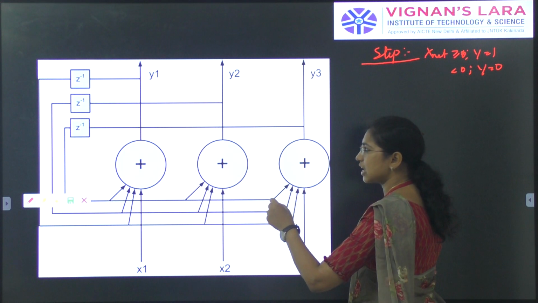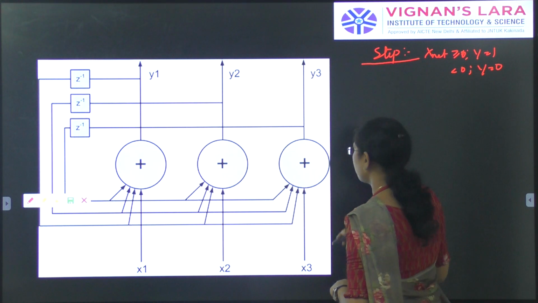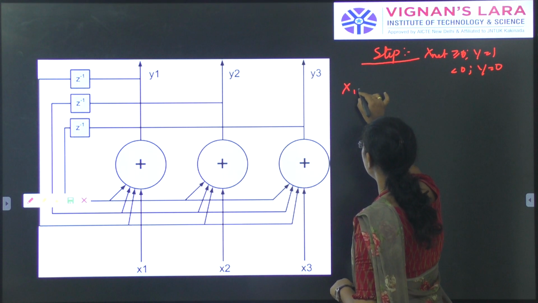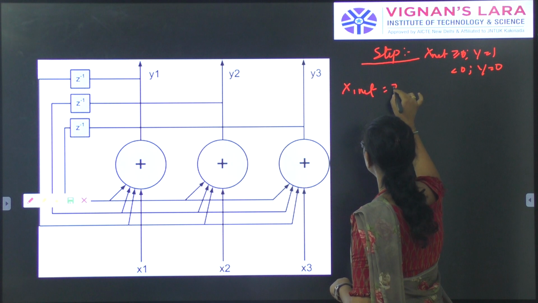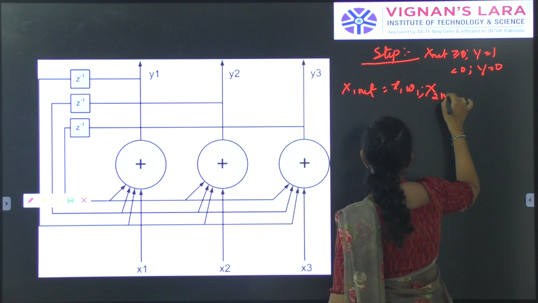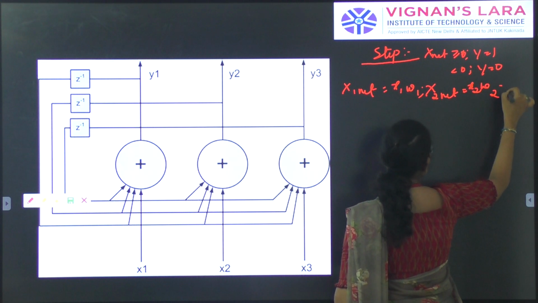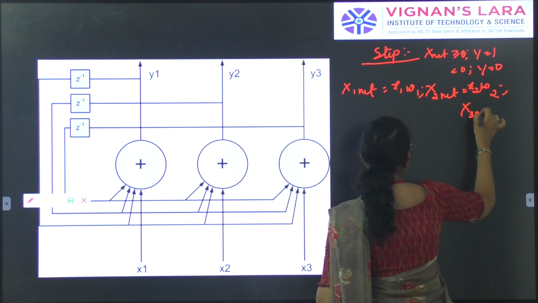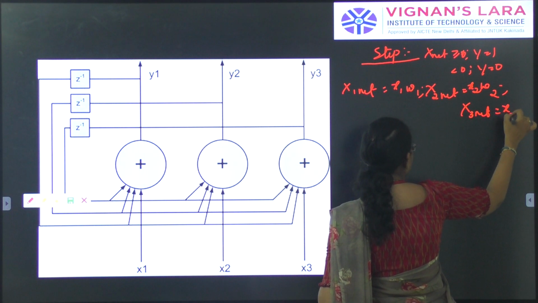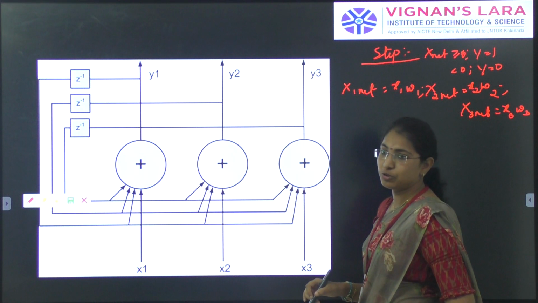So again, let us consider y1, y2 and y3 are 0 at the initial condition. So what is your x1 net? x1 w1. What is your x2 net? x2 w2. What is your x3 net? x3 w3.